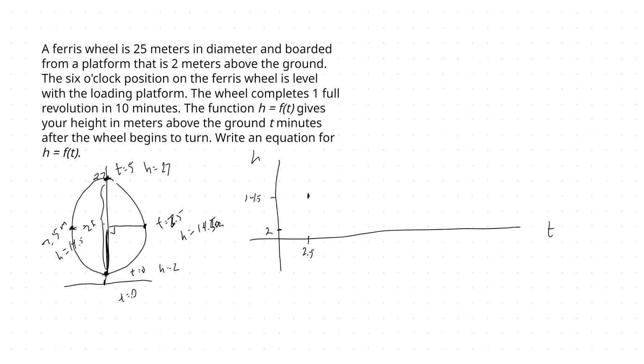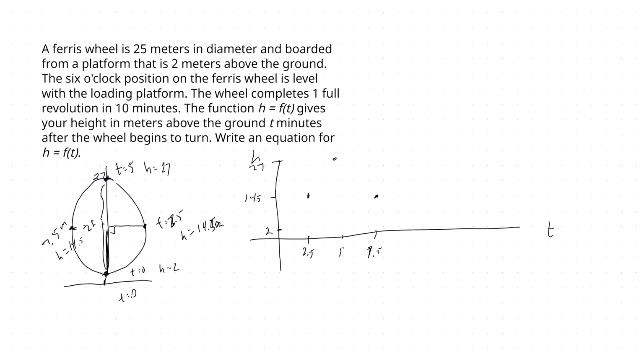And then at 5 minutes, I will reach the maximum height of 27. And then at 7.5 minutes, I'll be back to 14.5. And at the 10-minute mark, I'll be back at 2.